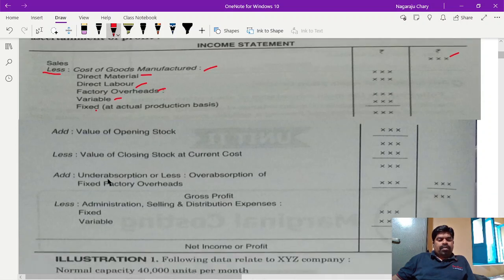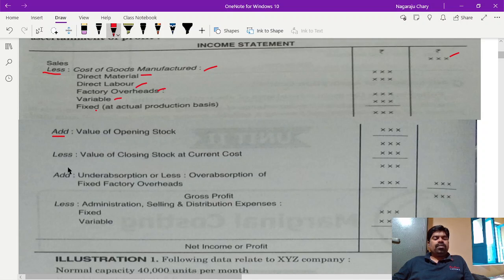Then we have to add any opening stock value. Why? Because this opening stock value belongs to last year's closing stock. This last year's value is brought forward to the present year, that is the current year. That's why we have to add this opening stock.